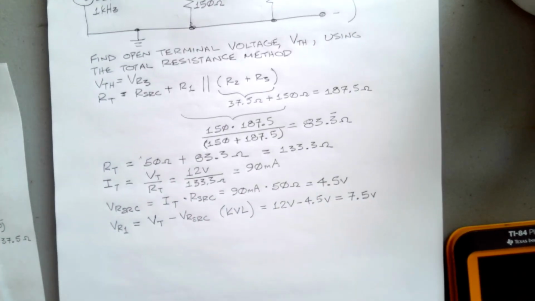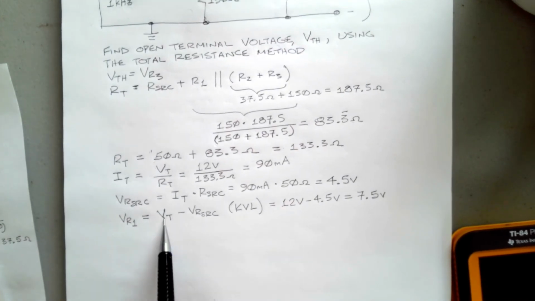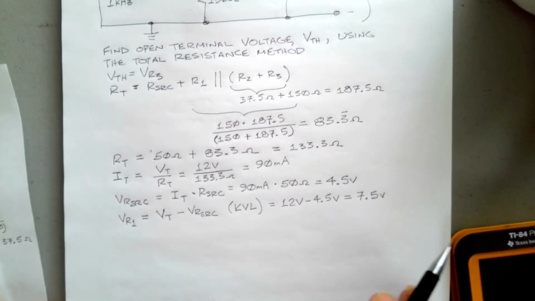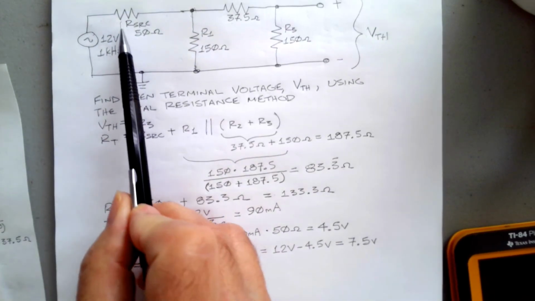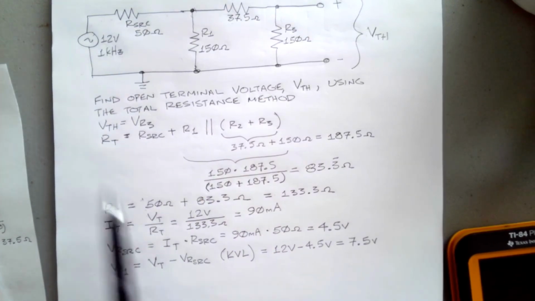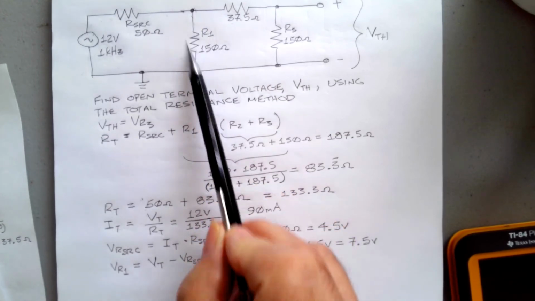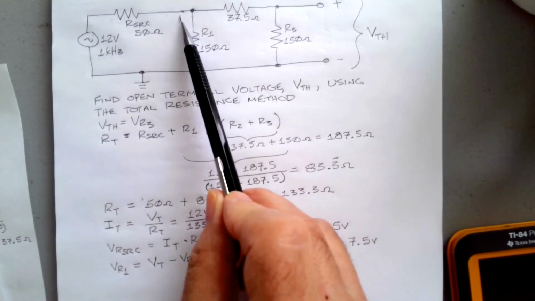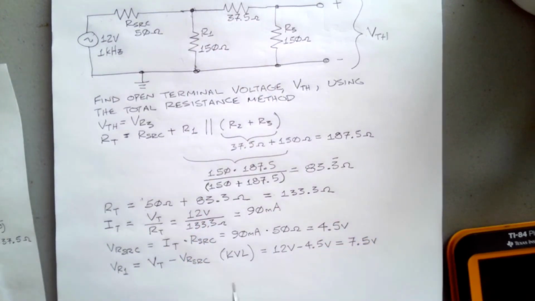It's equal to the total voltage, which is our 12 volts, minus the voltage across our source. By Kirchhoff's voltage law, that gives us the remaining voltage across R1. It's the same as the voltage across this whole combination here, and that's going to be 12 minus 4.5 is 7.5 volts.